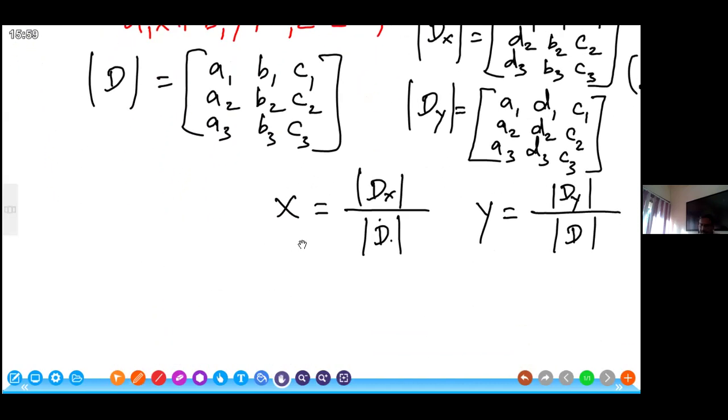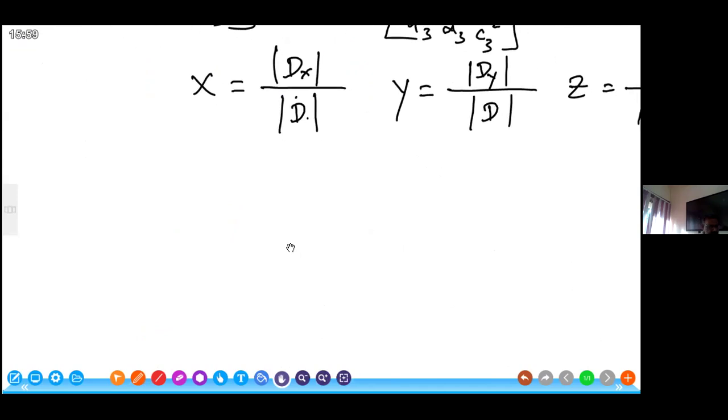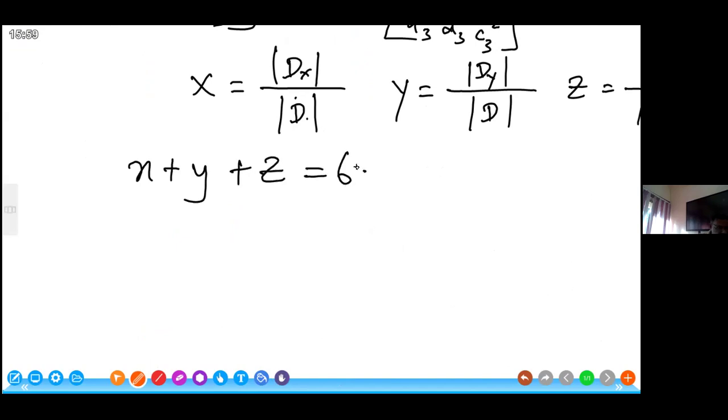I have another example. You can try this. X plus y plus z equals 6. Y plus 3z equals 11.